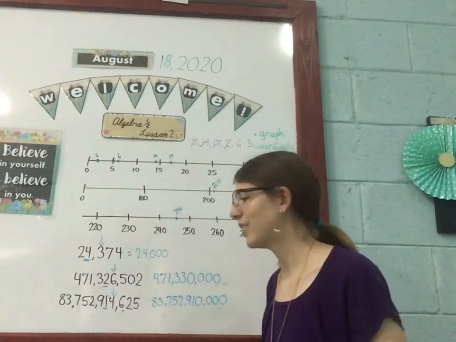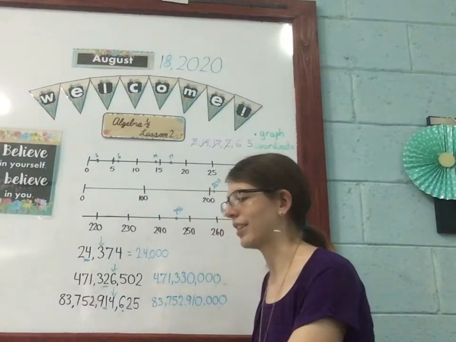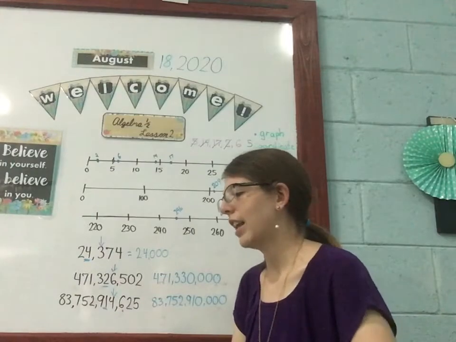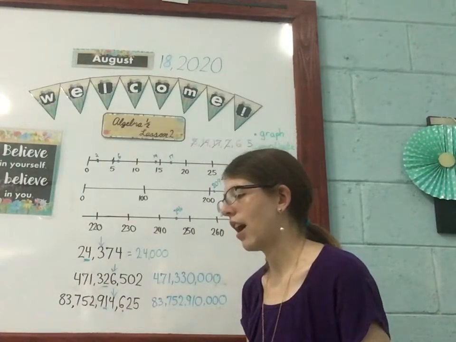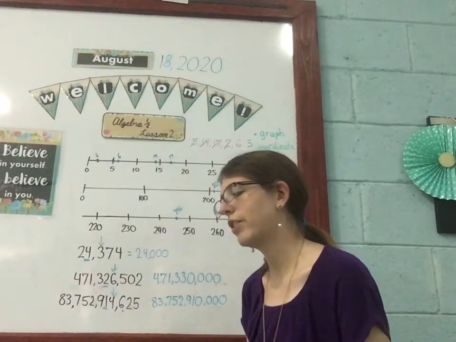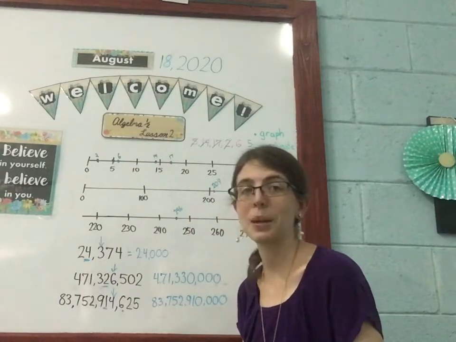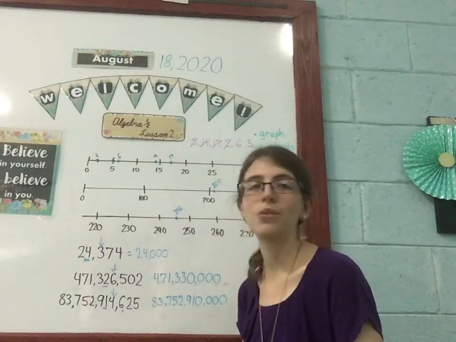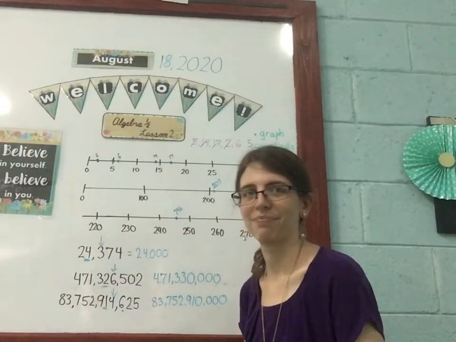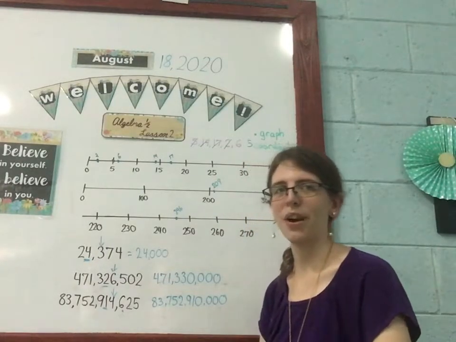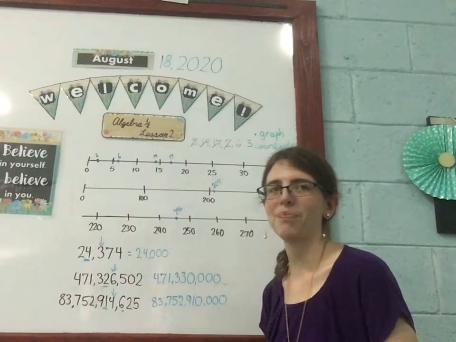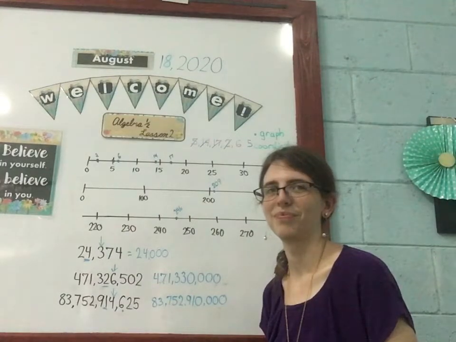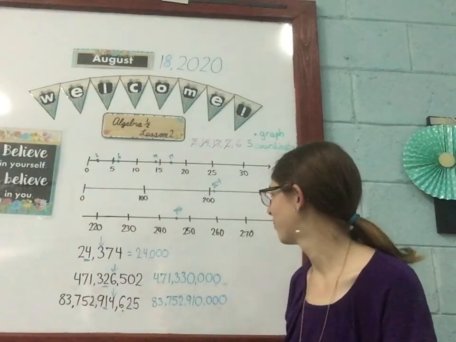Okay? So that's that lesson. Look at your practice. You have 4 problems. Letter A says round 914,471,752 to the nearest 10,000. Pause the video. Go ahead and do that now. Okay?